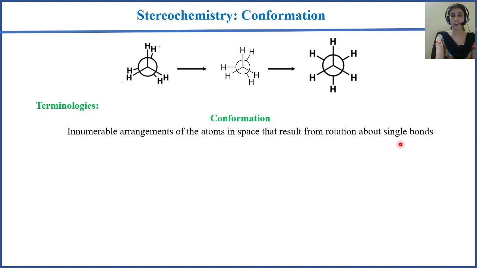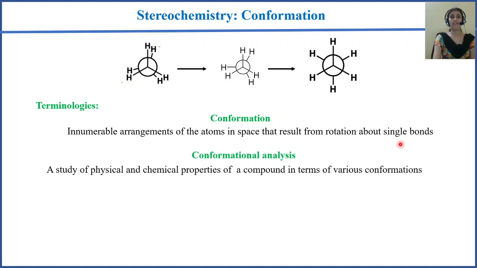Now, next topic, conformational analysis. This is a study of physical and chemical properties of a compound in terms of various conformations. Now, I clarify this terminology. This is a compound known as ethane. If we rotate the back carbon slowly, it will generate innumerable conformations.